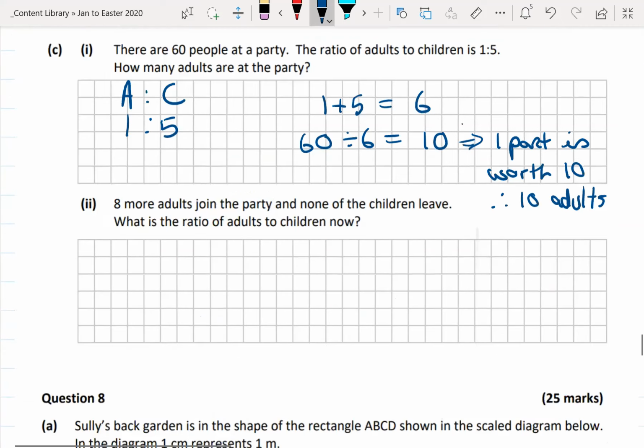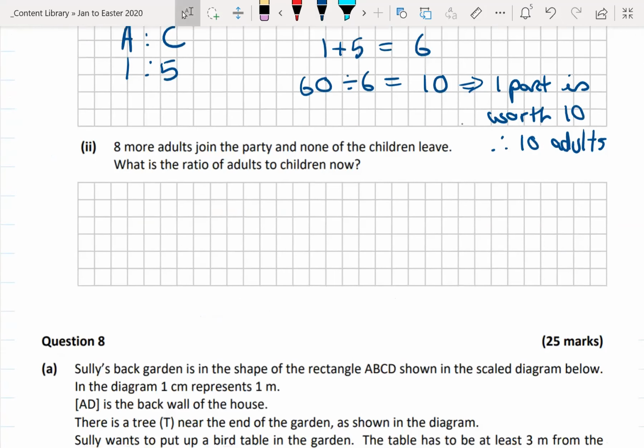Okay, 8 more adults join the party and none of the children leave. What is the ratio of adults to children now? So there were 10 adults and 50 children. But now 8 more adults have joined, so welcome to the party. Now it's 18 to 50.